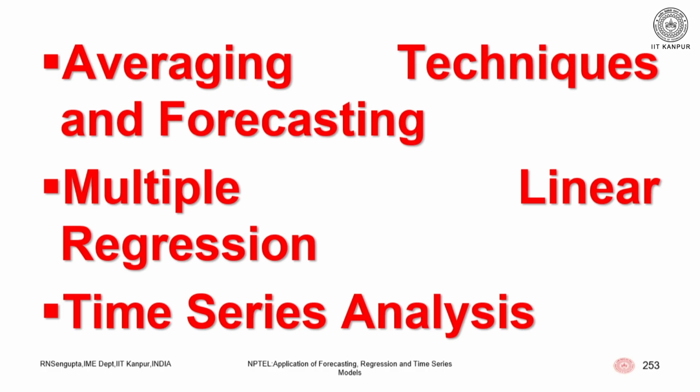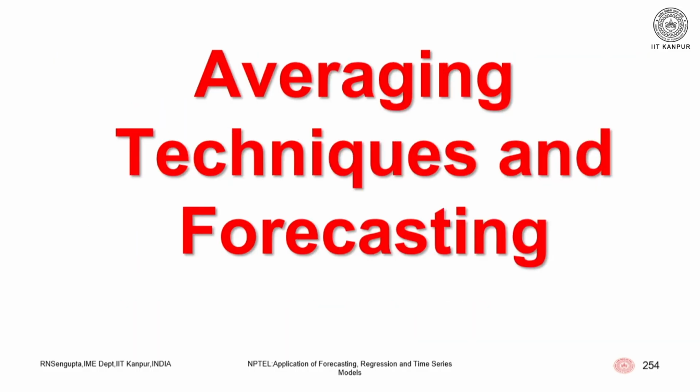Even though it is written as multiple linear regression, it is regression models, because I will discuss a few other types of models also, in due course of time. The last topic is time series analysis.